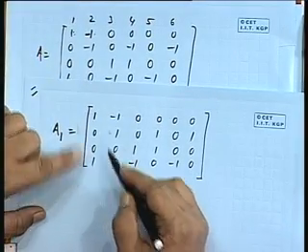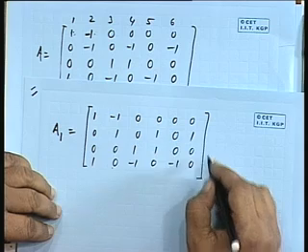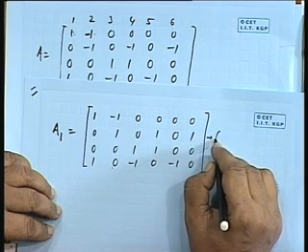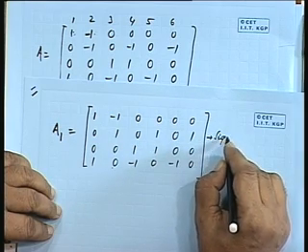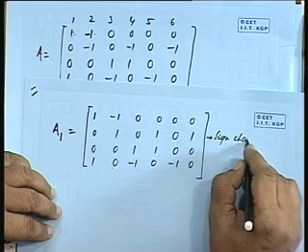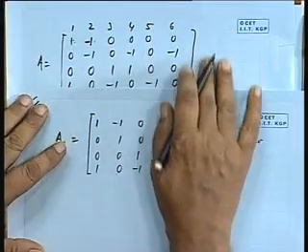Then from here, this one was sign changed from the previous matrix.